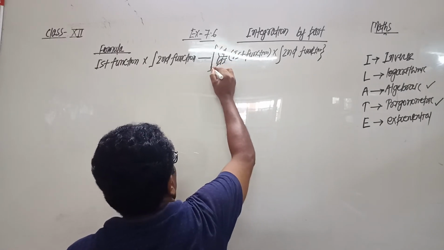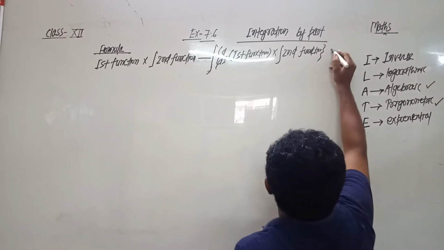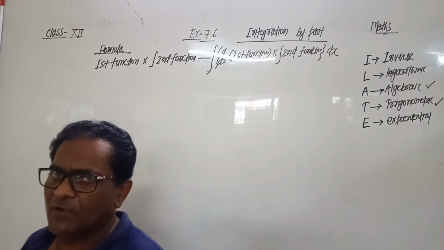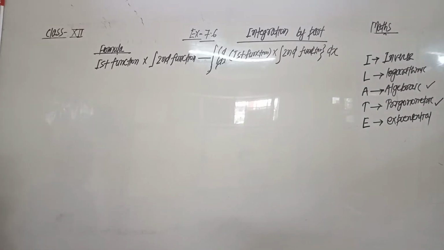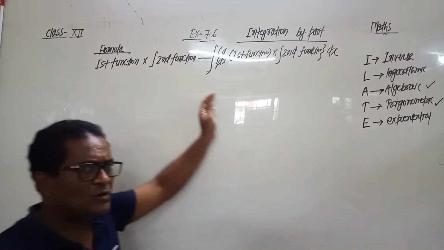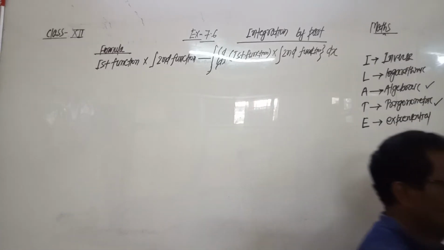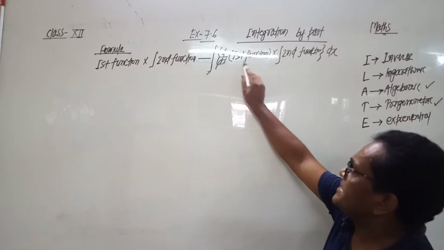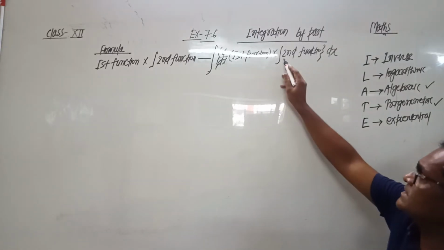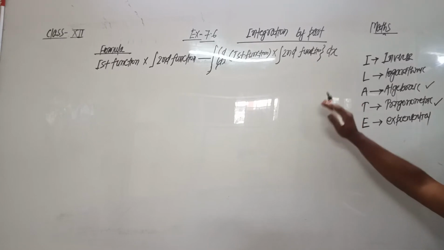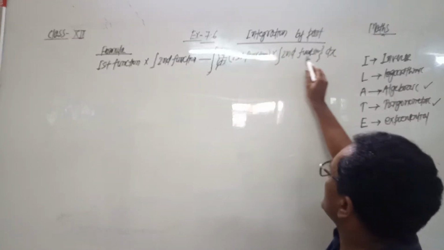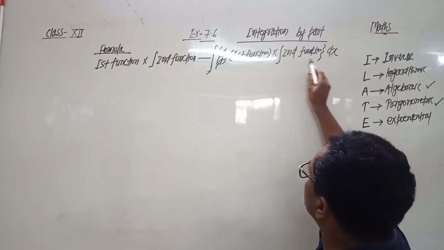And this is the integration for the whole, and for the whole there is dx. That is, first function into integration of second function minus integration of the differentiation of first function into integration of second function. This is the integral for the entire terms contained in the middle bracket.